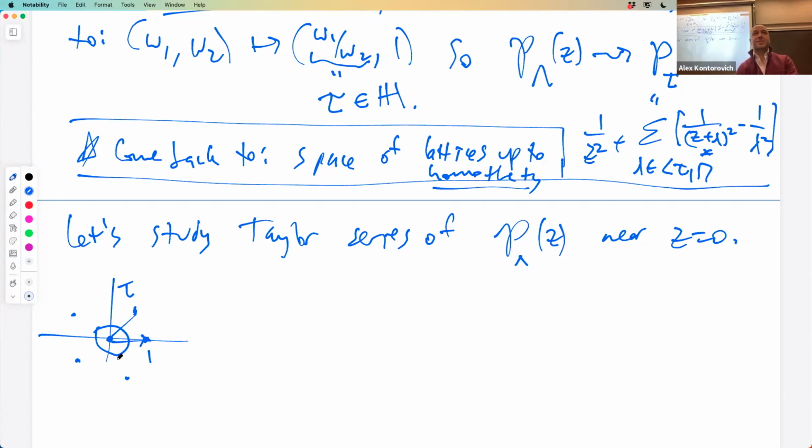And so if I'm less than, let's say for all lambda in the lattice except 0, Z over lambda, Z is so small that Z over lambda is less than a half.